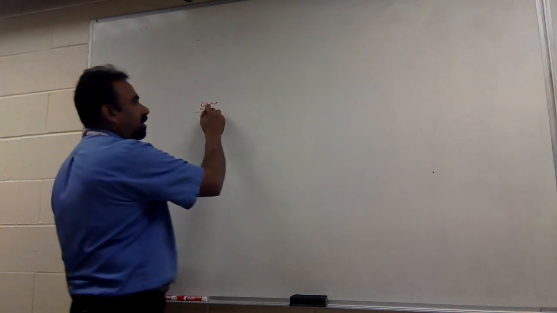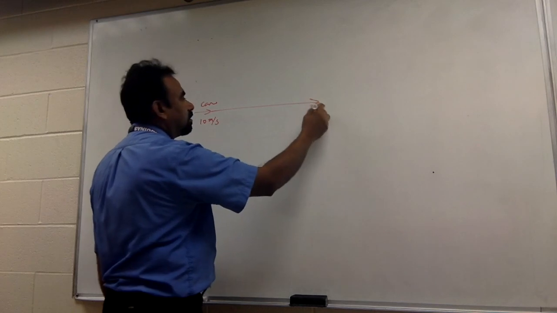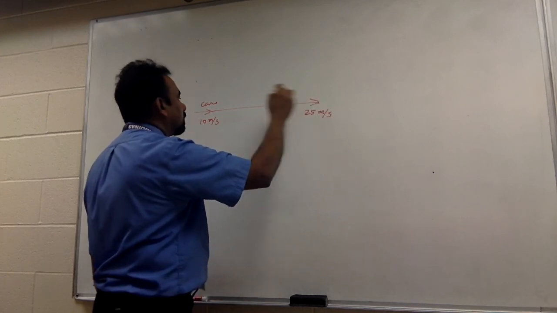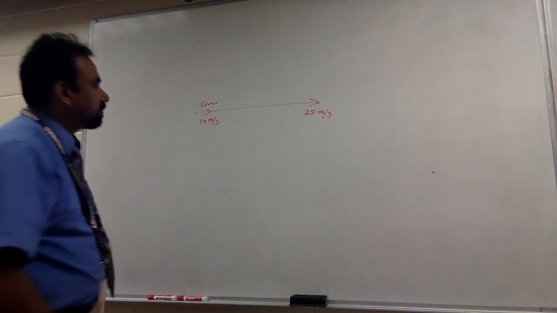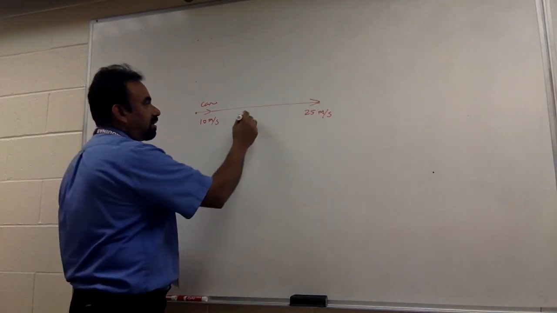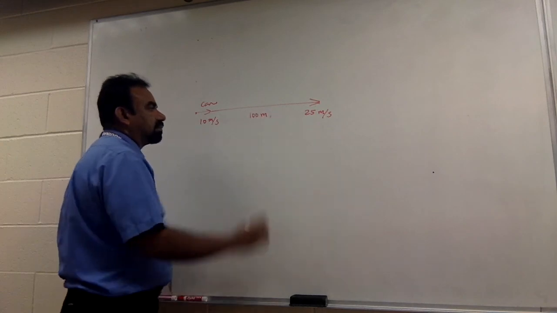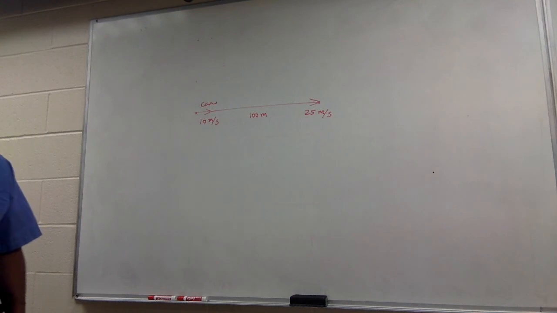And then he steps on the gas a little more and accelerates up to 25 meters per second. And during this acceleration period, he traveled 100 meters. So what is the acceleration?